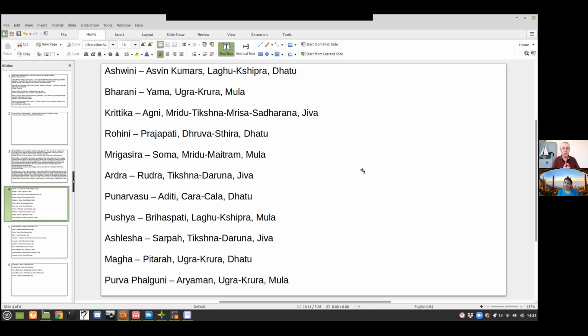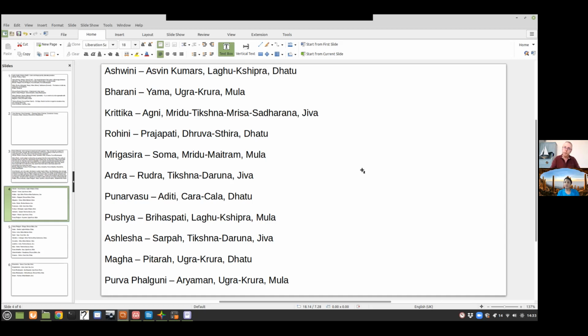Soma is also like the life-giving sap that's in plants, and so interestingly enough, I find the sutra from Taittiriya Brahmana connected to Mrigashira Nakshatra really helps you to understand it a lot more deeply, which says the diminutive pervadings of Soma. So the life-giving essence of creation is everywhere within creation, but it appears to be diminishing.